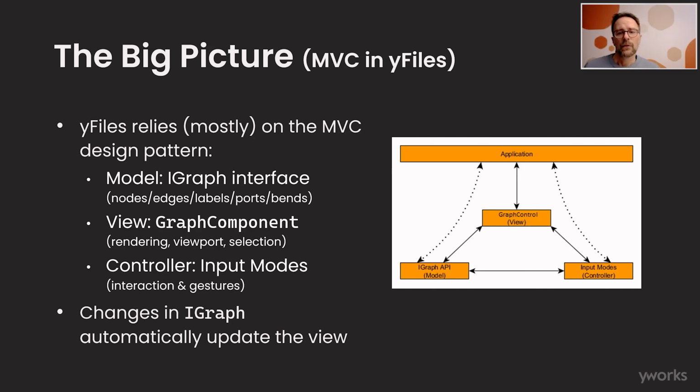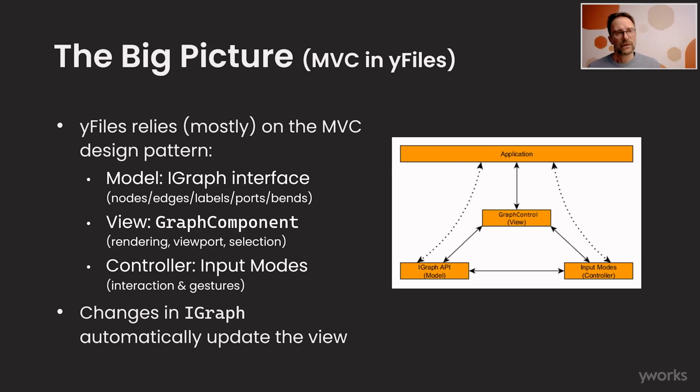It's just the data. The model will be put into a view, which in our case is the graph component, which is a web component rendering in the browser. And this performs the rendering of the graph and also manages the controller, which in yFiles are called input modes.